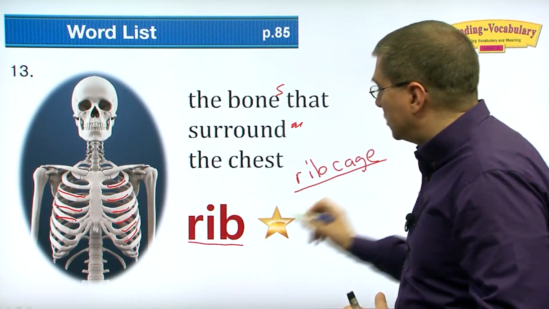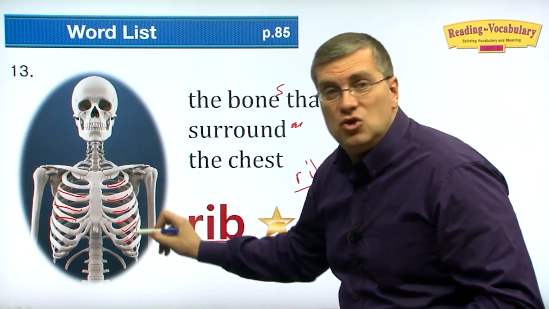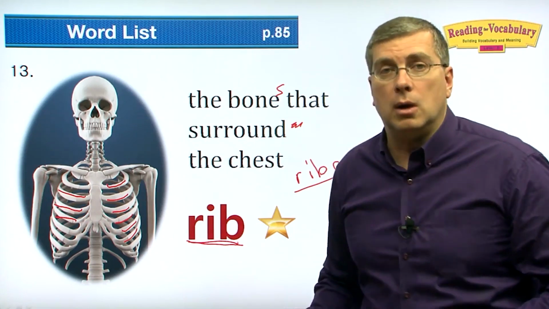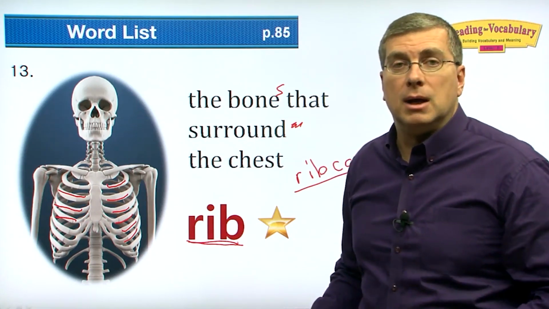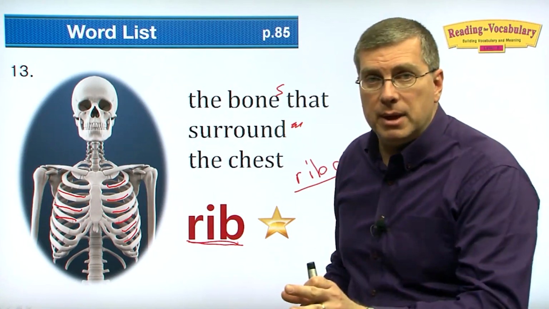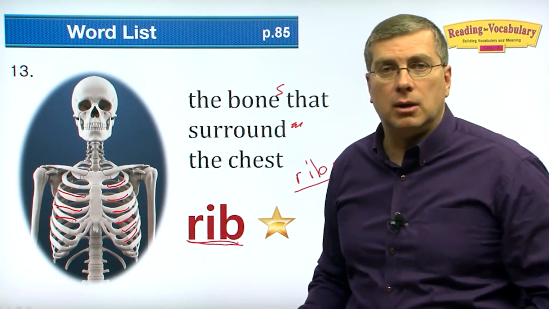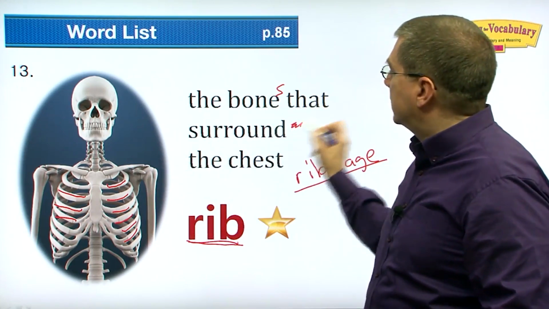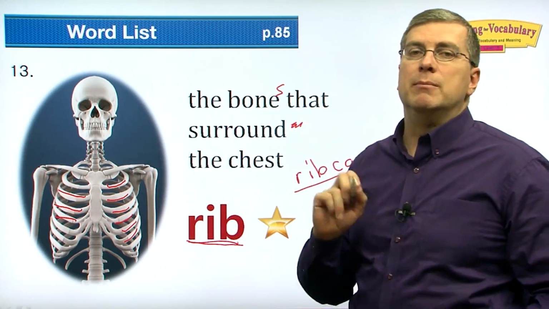It's made up of the individual ribs. There are many ribs, okay? So rib, R-I-B, we've got the I between the R and the B. So these are called ribs, the bones that surround the chest, ribs, okay.